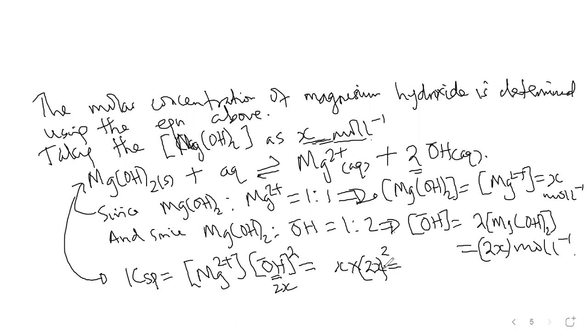So when you work out the mathematics here, you get 4x cubed. The units will be also cubed. It will be mole cubed per liter cubed, or mol³ dm⁻⁹.